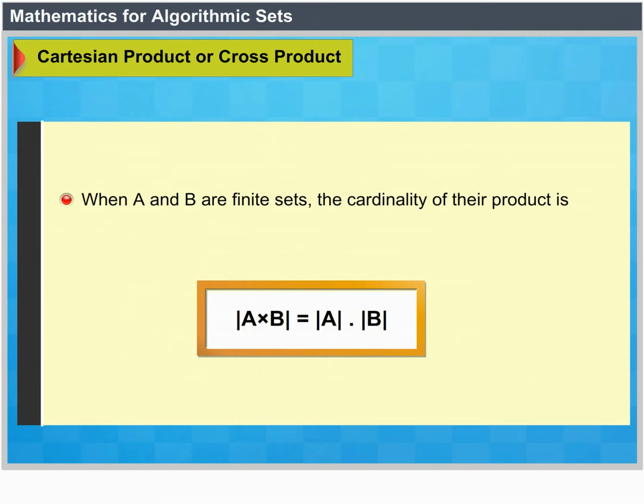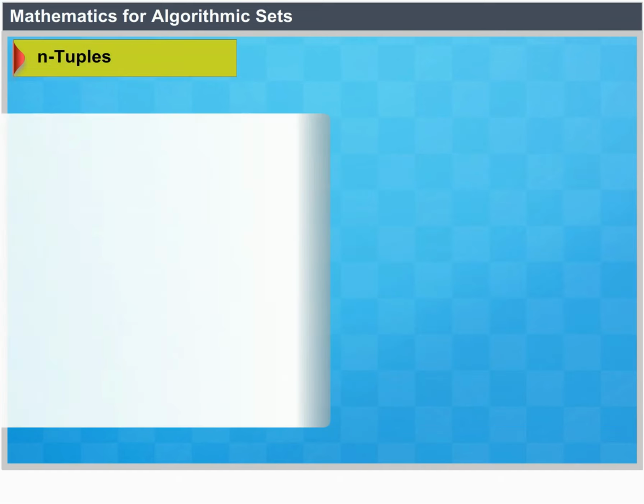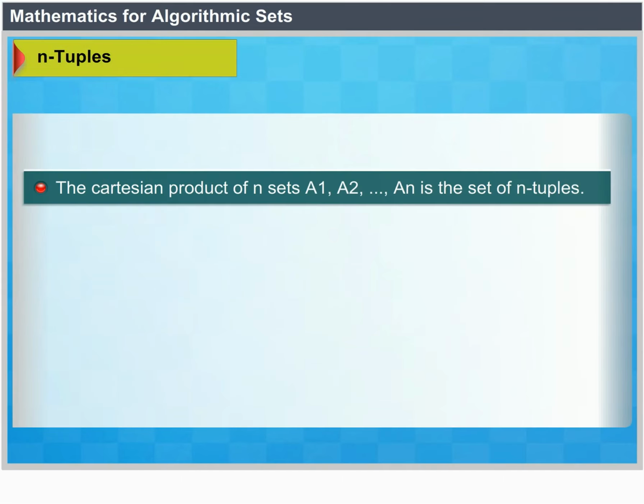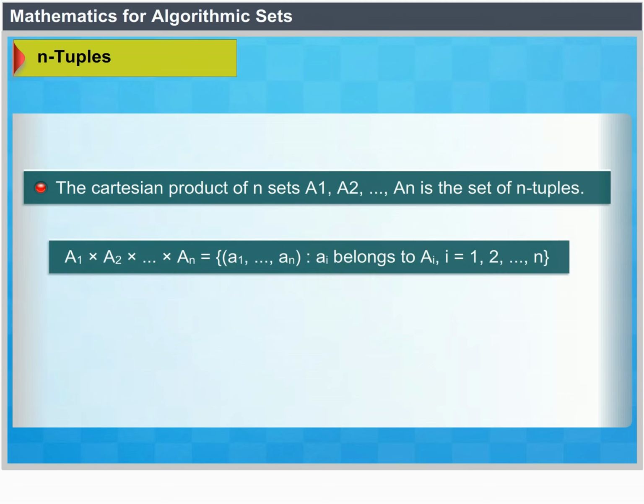N-tuples. The Cartesian product of n sets A1, A2, up to An is the set of n-tuples. A1 × A2 × up to An is equal to {(a1, up to an) such that ai belongs to the set Ai}.